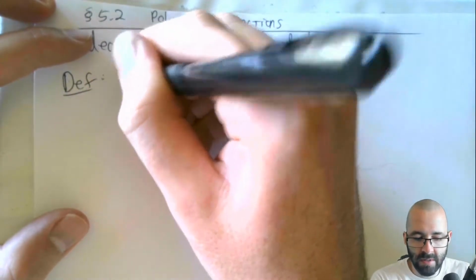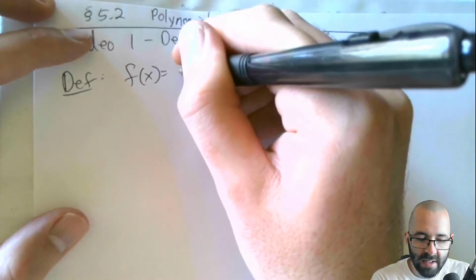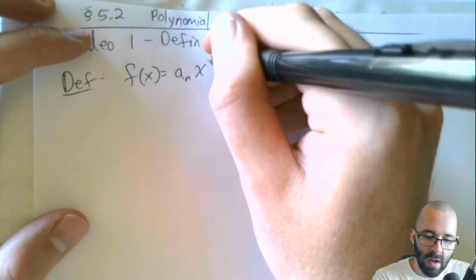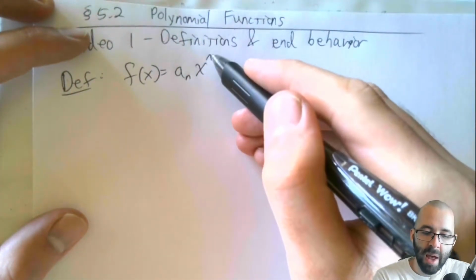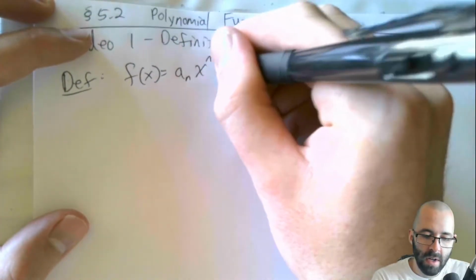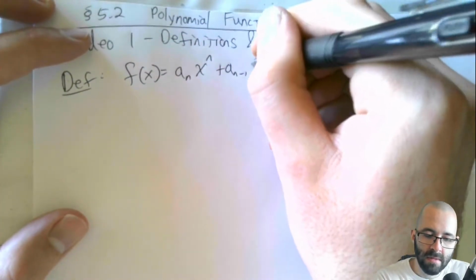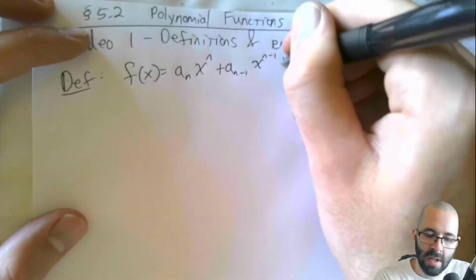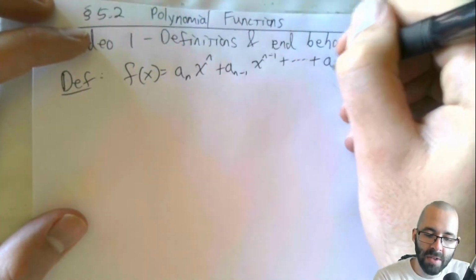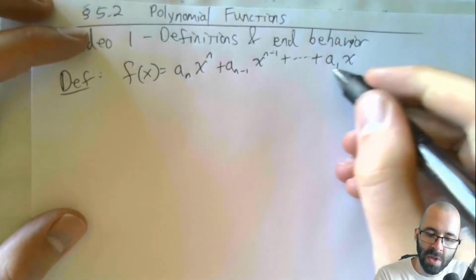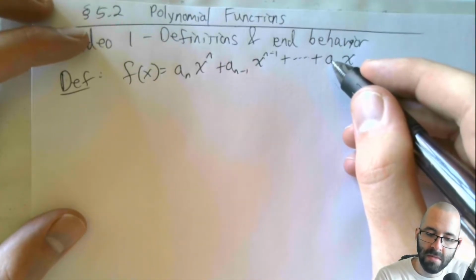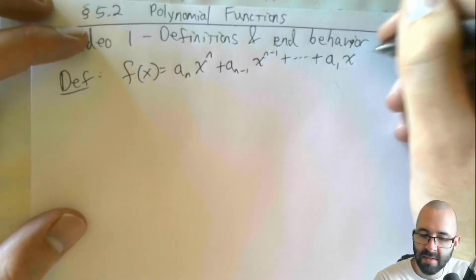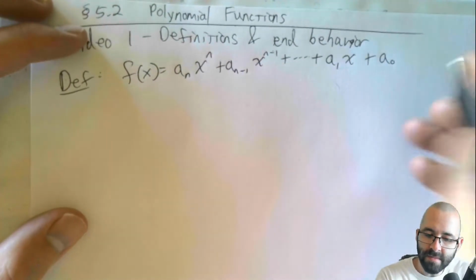If we have a function, f of x is equal to some number, a sub n, times x to that power, plus another number, x to another power that's one lower, plus dot dot dot all the way down to what's called a linear term. This could look like 2x or 3x or negative 5x, some number times x, plus a constant.